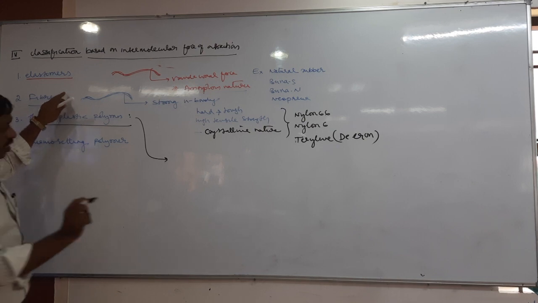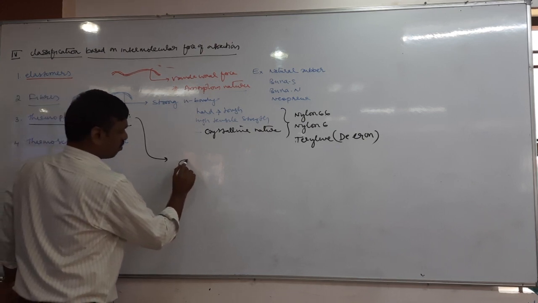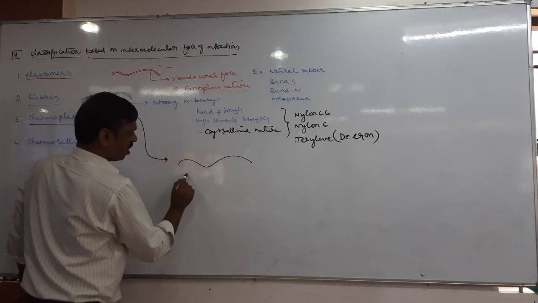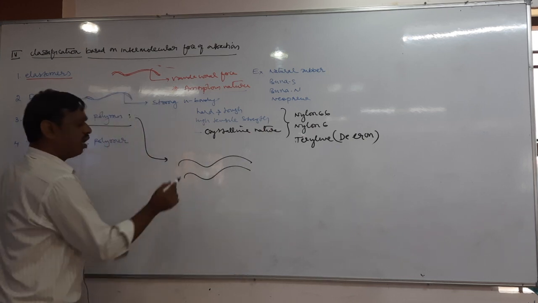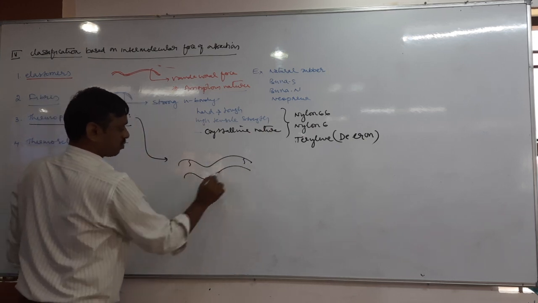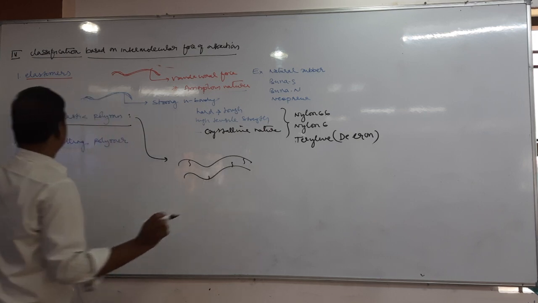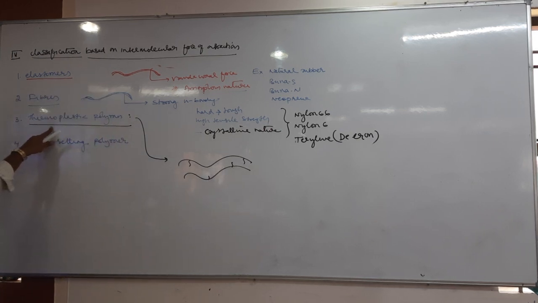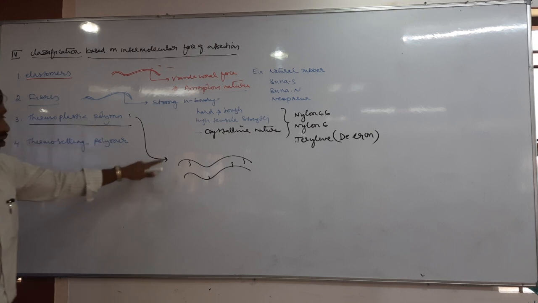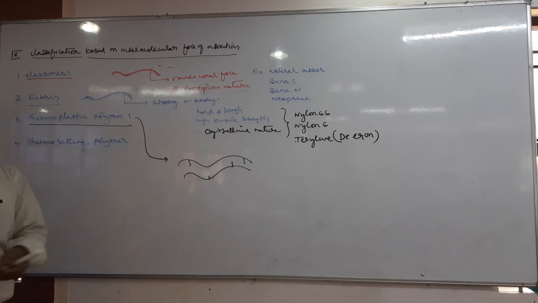Moreover, these thermoplastic polymers usually are linear chain polymers, or they are having some branches. Therefore thermoplastic polymers are usually linear or branched chain polymers, and they have intermediate intermolecular force of attraction.